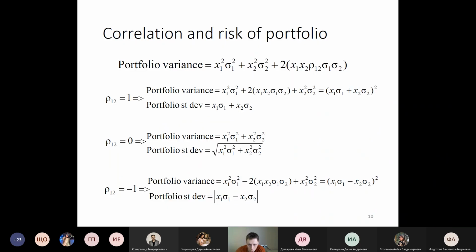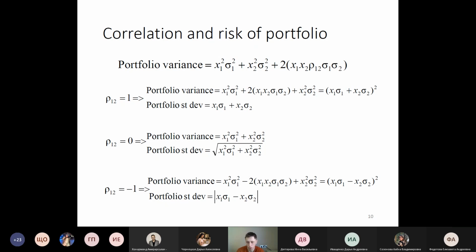Here on the top of the slide, you have a general formula to estimate the portfolio variance, which is the squared standard deviation of the two assets. And this formula is important for us to illustrate the effect of correlation, as we have this rho variable, and we have 3 special cases here: perfect positive, perfect negative correlation, and the perfect absence of correlation.